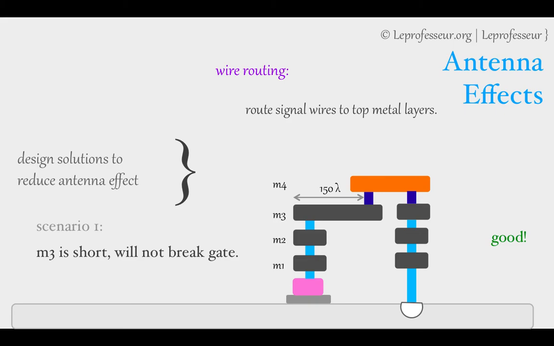For each technology, there is a defined rule that you can have only this much long metal line. If you have longer than 150 lambda, say 2000 lambda, then it's too long. You might end up developing antenna effect in your circuit.